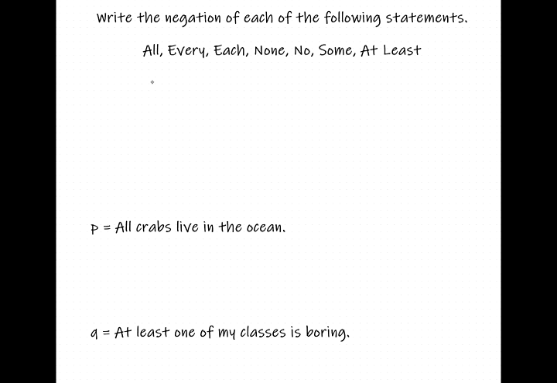Now, one of the things that makes this concept of writing the negation of a statement somewhat confusing is that some of these words have different meanings mathematically than they do conversationally. So, for example, let's say you have a bag of grapes that you're eating, and I walk up to you and ask you a question.